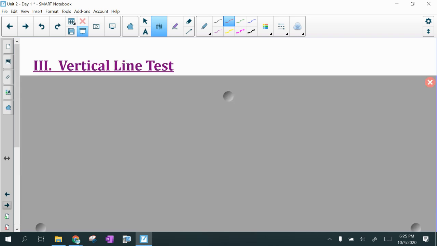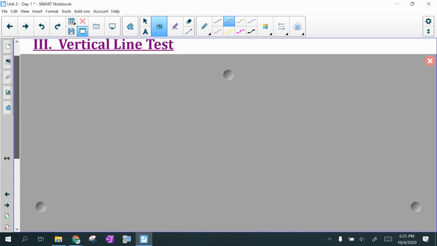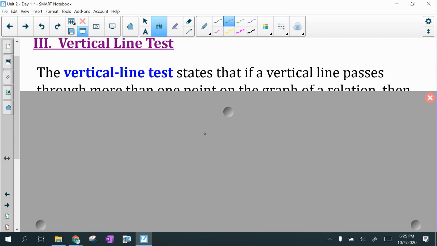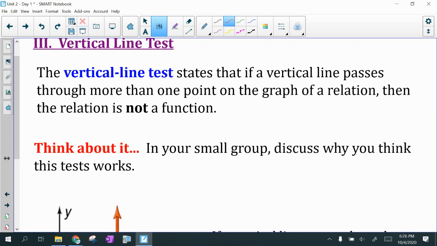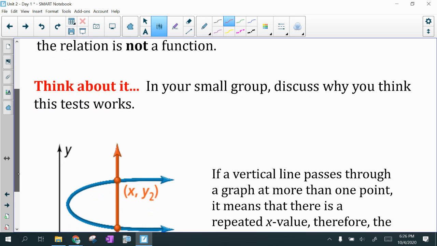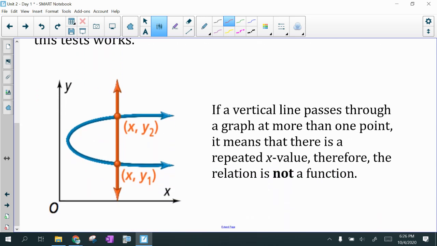The next one I'm going to talk about is the vertical line test. And once again, I'm truly hoping that this is a very simple concept. It basically says that if a vertical line passes through more than one point on the graph, at any point on the graph, then the relation will not be a function. And no, I'm not going to ask you to discuss it, but what I am going to do is emphasize this graph here. I could draw a line in multiple locations, and I'd say, ooh, there, I'm only hitting in one spot.